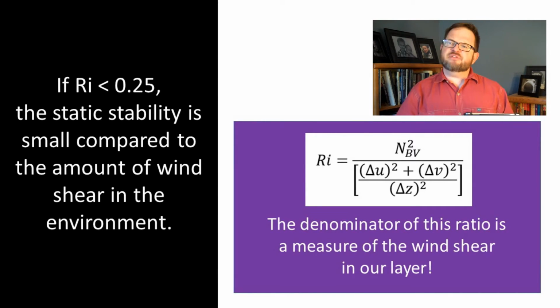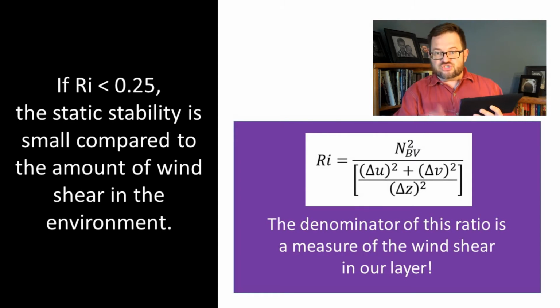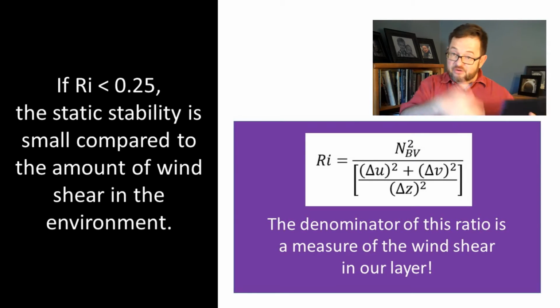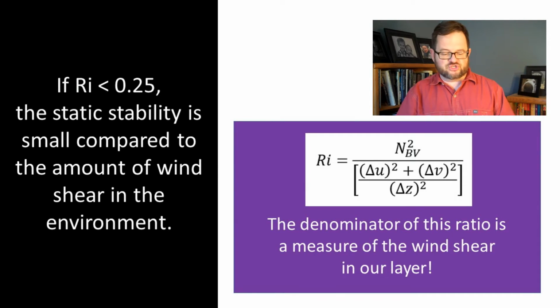If it is a positive number and smaller than, as it happens, 0.25, also known as the critical Richardson number, what's going to happen is that the static stability, the numerator, is small and or the shear is great. So the Richardson number, the ratio of those terms, is a very small number, smaller than the critical Richardson number.